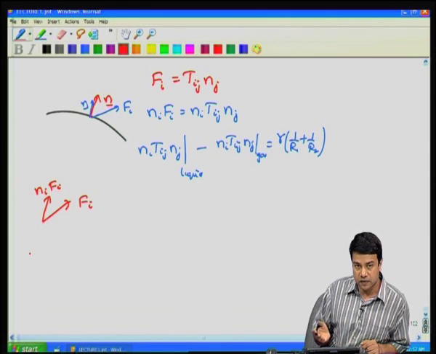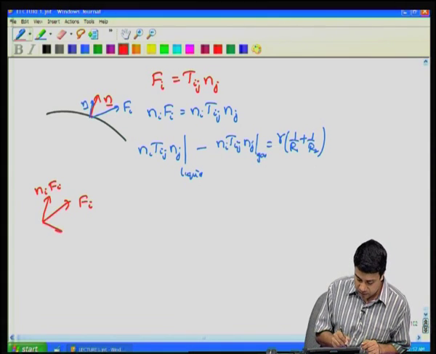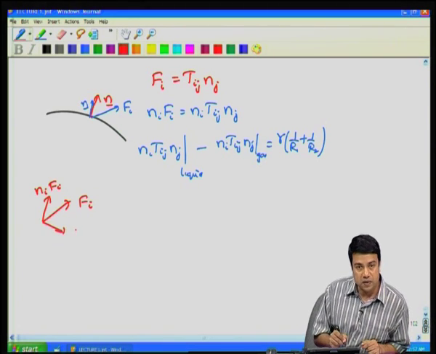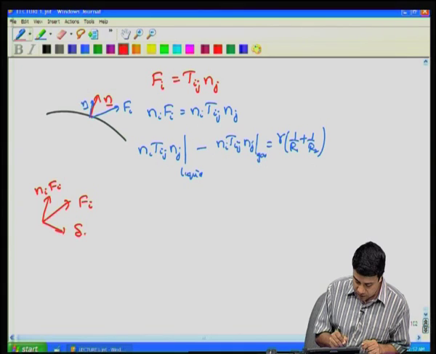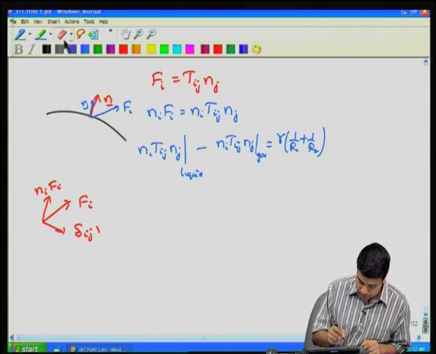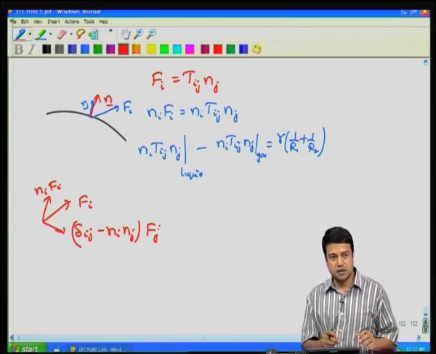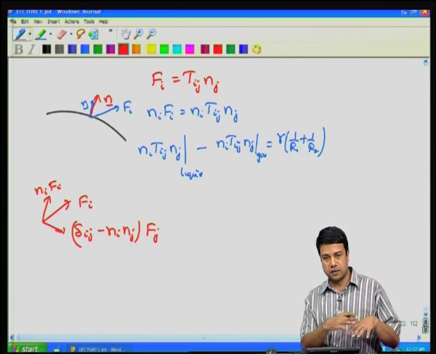There is a remaining force which is acting perpendicular to the normal. What is this force? The most general expression for this force is delta ij minus Ni Nj times Fj. This is a vector, could be in any direction along the plane.